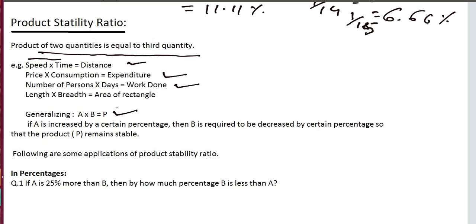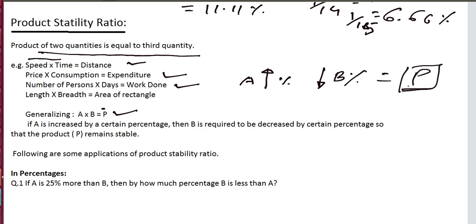What it says is, if one quantity in the product is increased by a certain percentage, then the other quantity, that is B in this case, is required to be decreased by a certain percentage in order to keep the product constant.